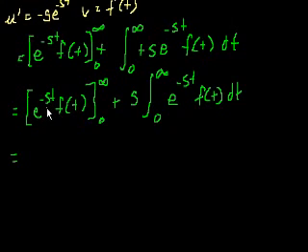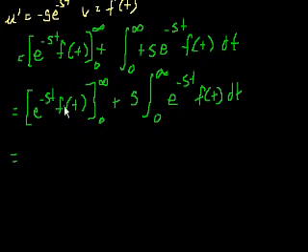And maybe later on we'll do some more rigorous definitions of under what conditions this expression will actually converge. But let's assume that f of t grows slower than e to the st, or it diverges slower than this converges, or this grows slower than this shrinks.